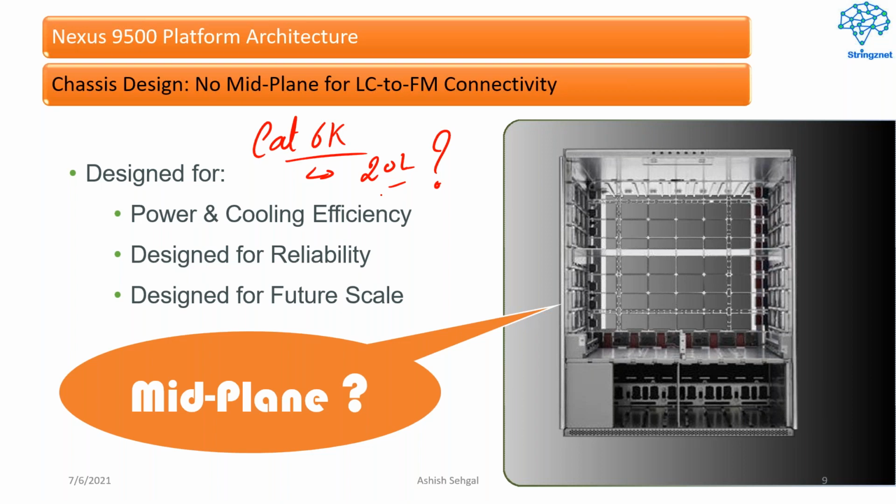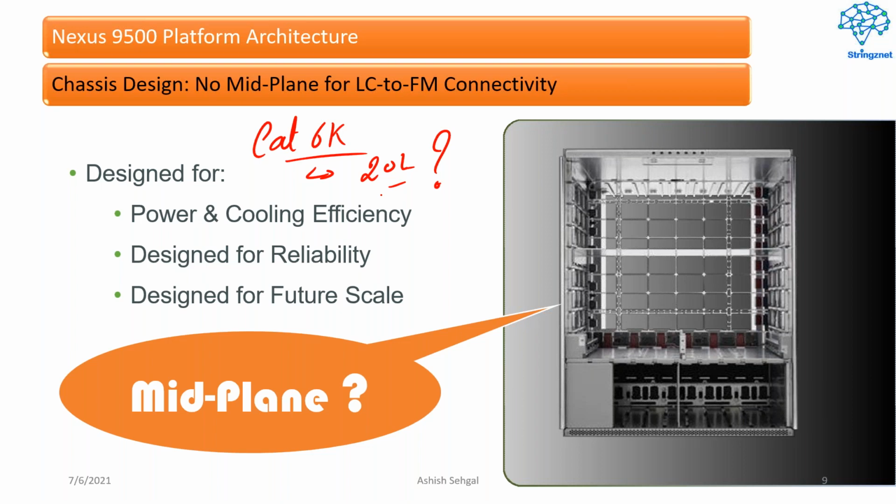But we will see that that was not at all the most advanced architecture. So Cisco, with regards to Nexus 9000, for the first time revealed this picture of an absolutely naked chassis, wherein customers can easily see that the chassis is absolutely blank and there is nothing inside.